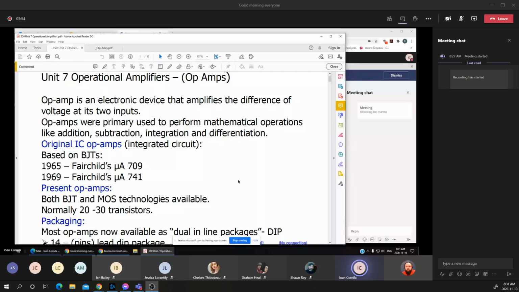Okay, from now on for the next 2 weeks, we'll start talking about the op amps, or the operational amplifiers. Actually, the main difference between this device, which is an integrated circuit, most of the time you will see the abbreviation IC.